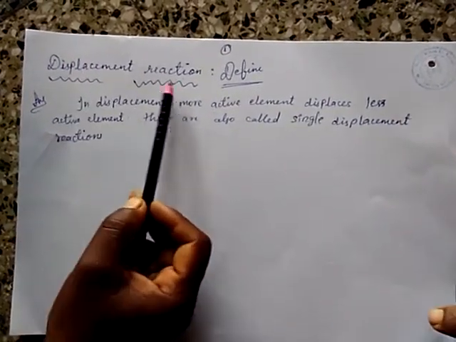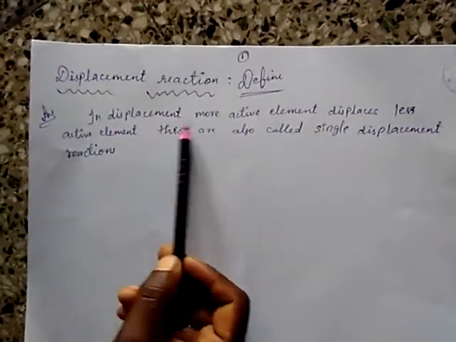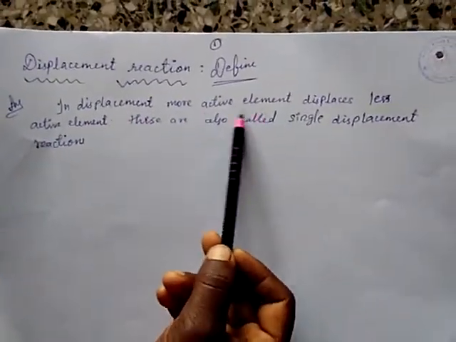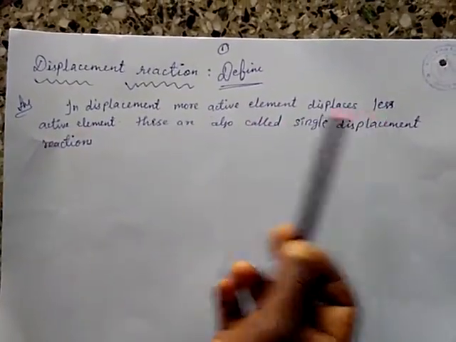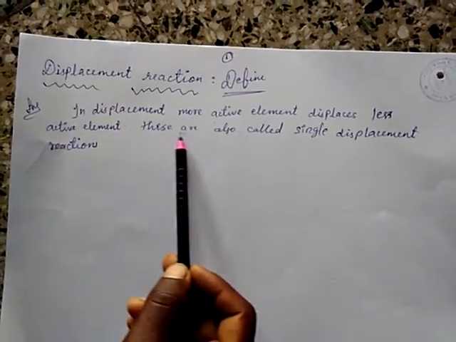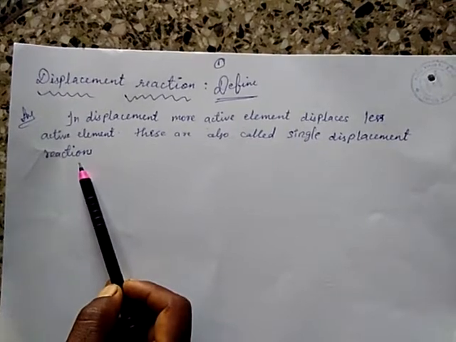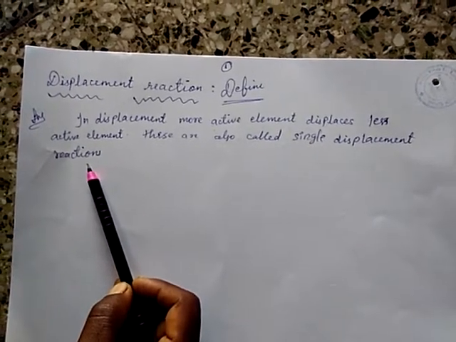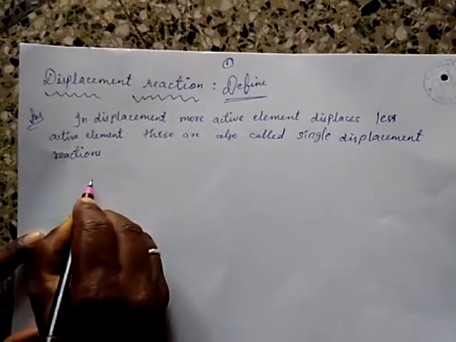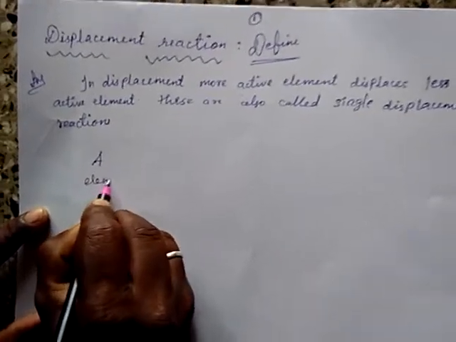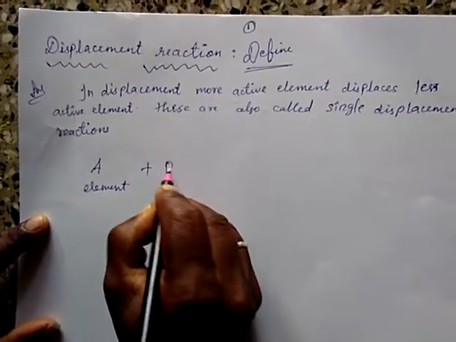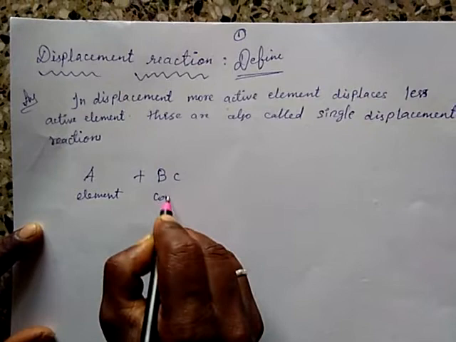Definition of displacement reaction. In displacement, a more active element displaces a less active element. These are also called single displacement reactions. So, let us say here we have element A plus compound BC.